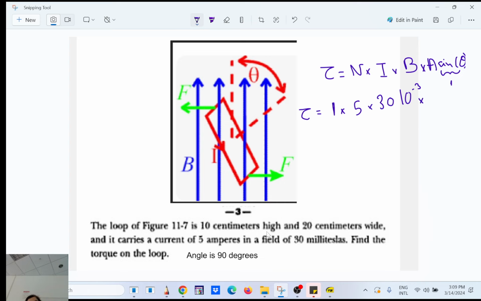Area is width times length. So it's going to be 0.1 times 0.2. So that's going to be 0.003, which is a negative 3, no?